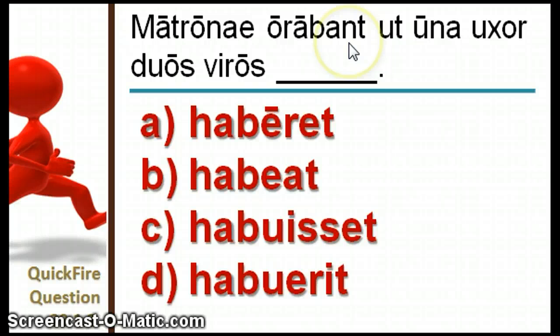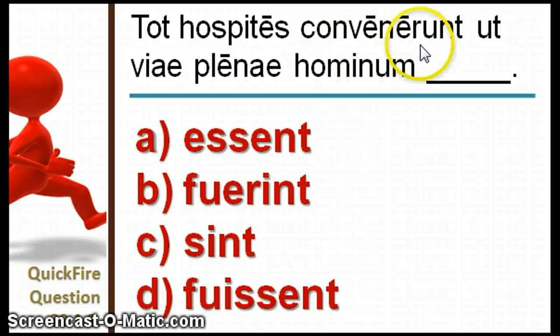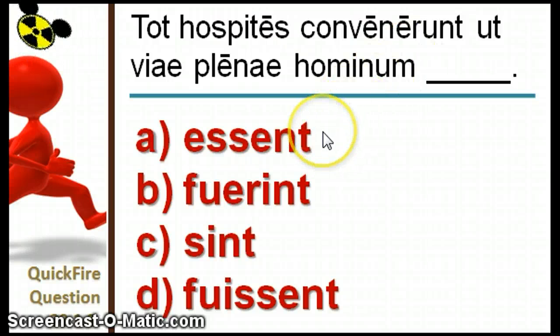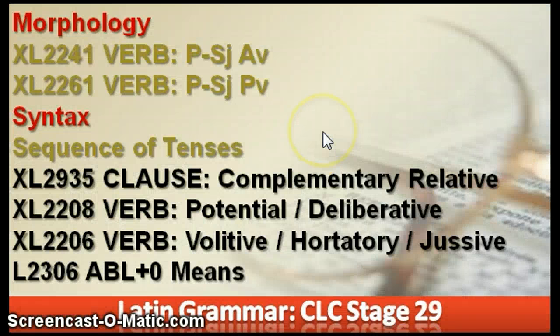Here we see a past, so we look for A, haberet. Here we see a past, so we look for the imperfect, which would be essence. Moving on. So we've talked about complement clauses completing the idea.